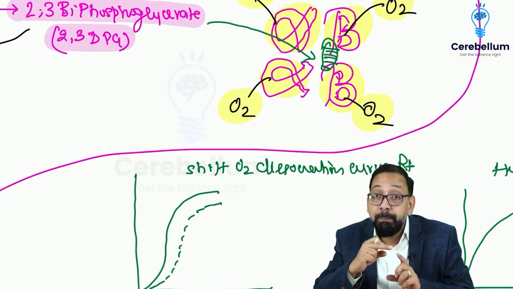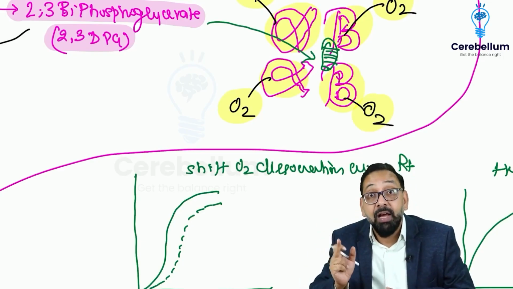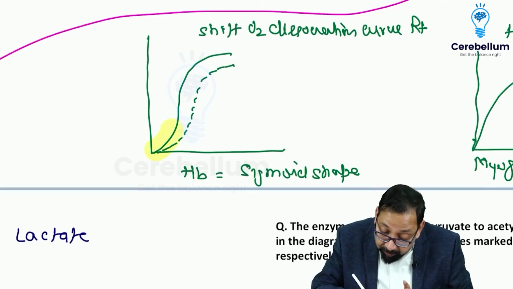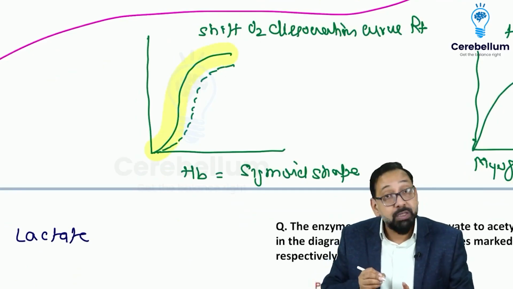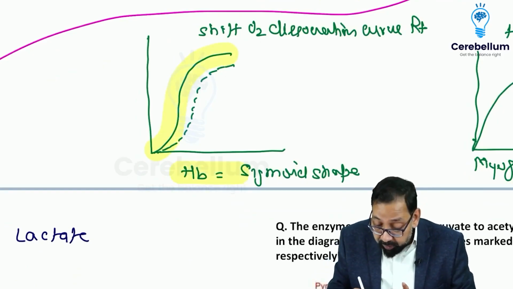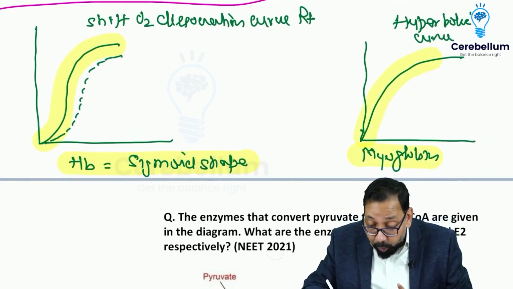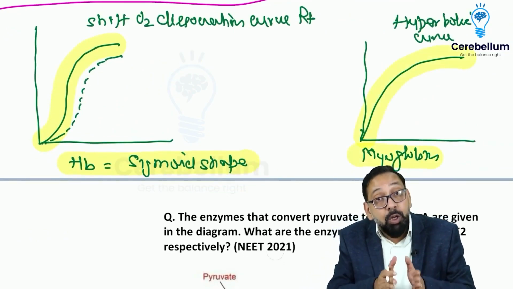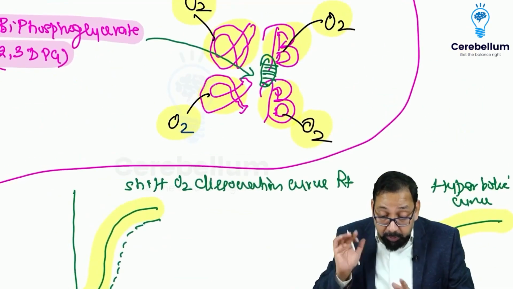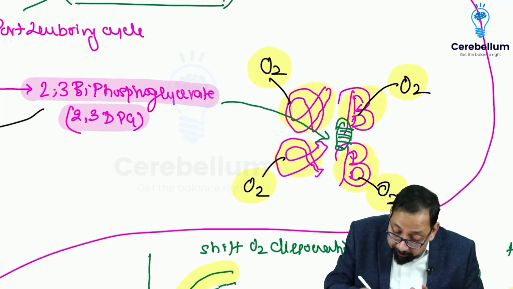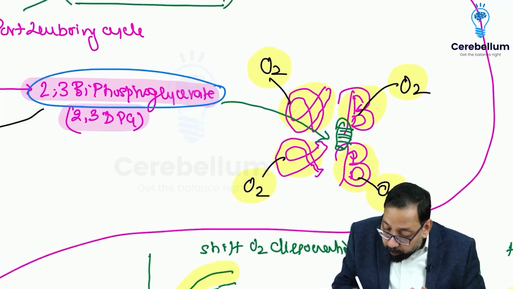Due to this positive allosteric effect, the O2 dissociation curve of hemoglobin is sigmoid shaped, while the myoglobin curve is hyperbolic. So again we come to hemoglobin. In hemoglobin, this 2,3-BPG binds to the beta globin chain.